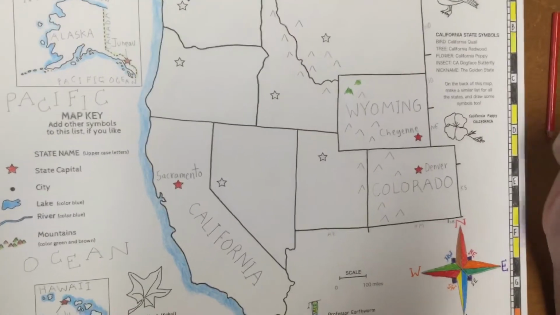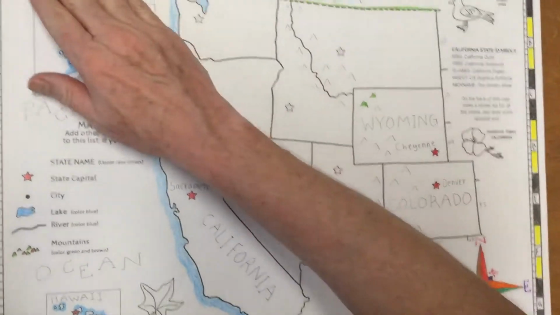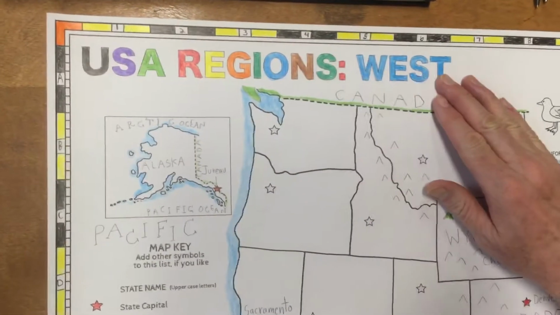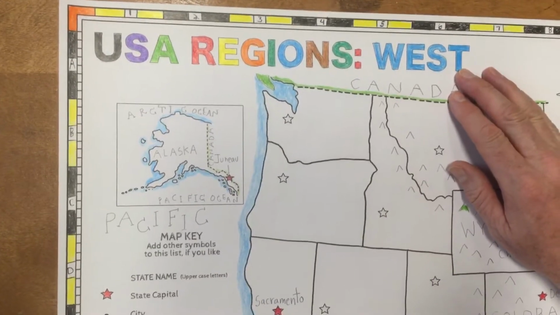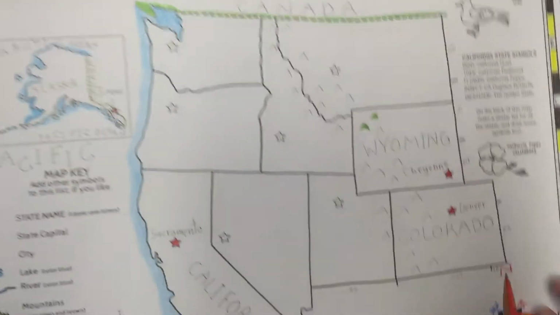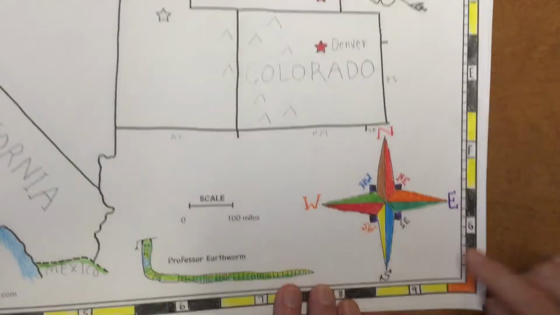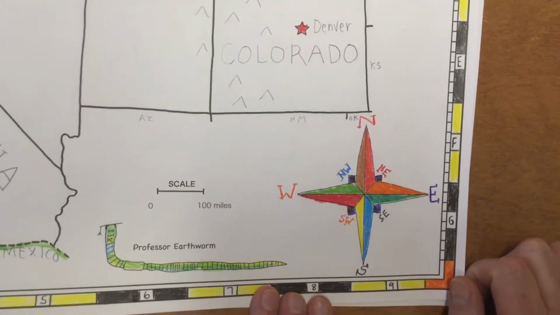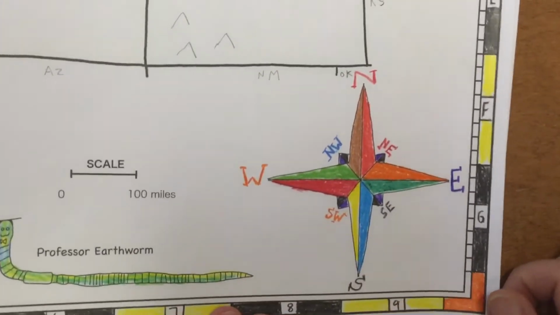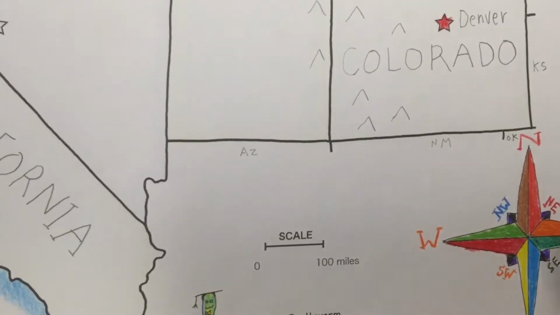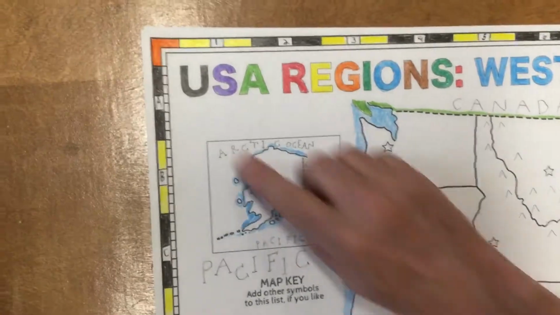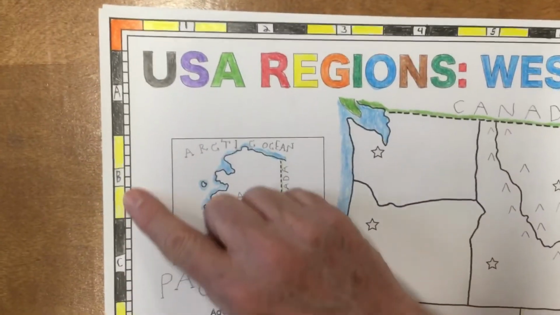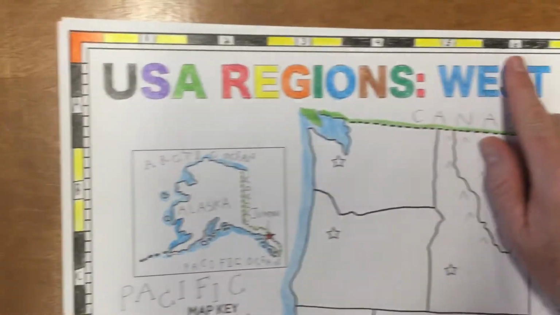Every region has a nice title that I hope you've colored in. Okay, it's also got a compass rose. Every map has a compass rose. Make sure you've got that on your map of the West. Every map, we created a nice border and map grid using letters and numbers.